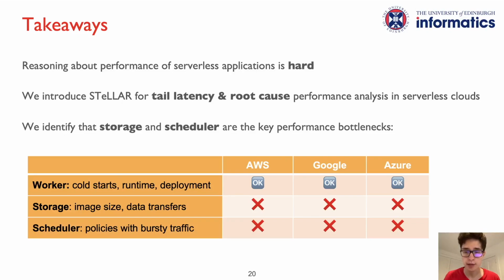Our analysis identifies that modern serverless clouds have the same fundamentally required components, namely the scheduler, the storage service, and the worker node fleet. Out of the three, the storage and the scheduler are the key performance bottlenecks across all of the three leading providers that we benchmarked.